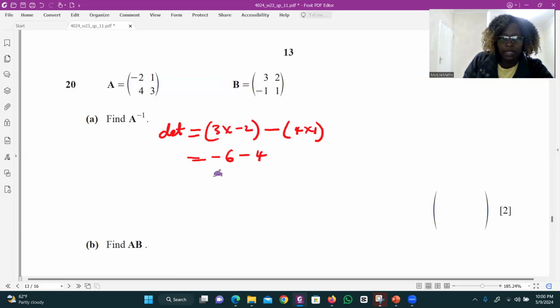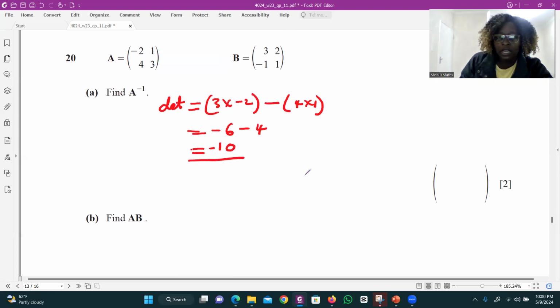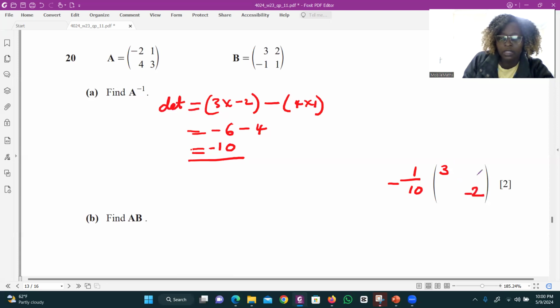So this is minus 10 here. That's the determinant. So let's write our inverse. It's minus 1 over 10. Then we change these ones. We have a 3 here, a minus 2 there. Then the other ones we multiply by minus 1. That's a minus 1 and a minus 4 there. That's the answer.